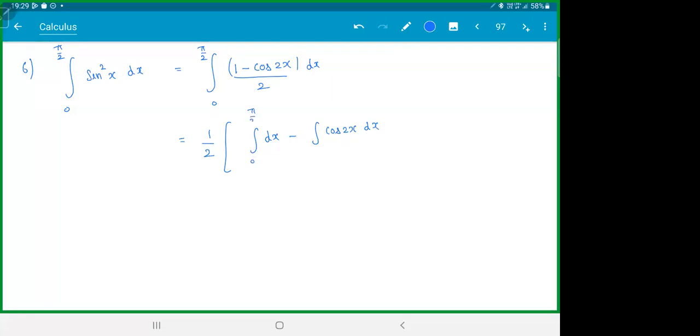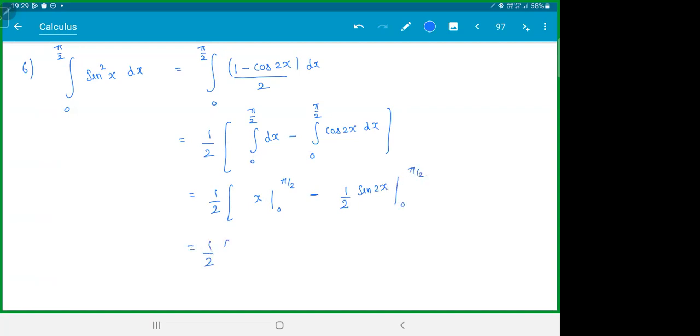This will go from 0 to 90 and this will go from 0 to 90. So dx ka integral is x only. So this integration is done. Cos 2x ka integral will be half sine 2x, 0 to pi by 2.